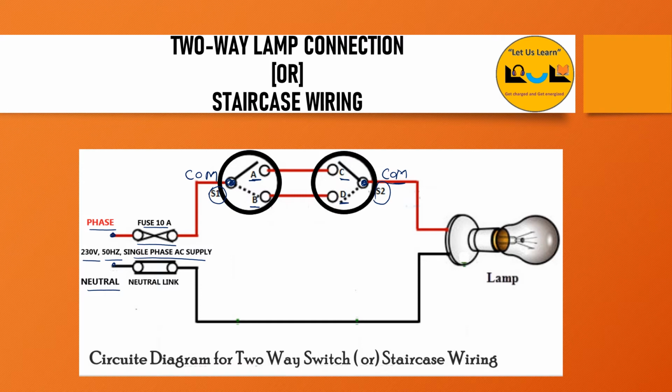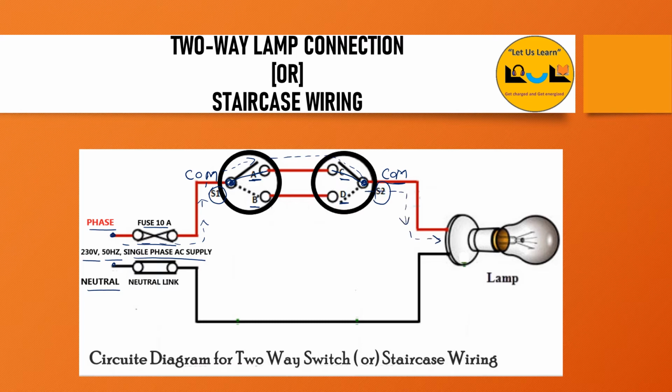Say for example, the common of S1 is connected to terminal A and the common of S2 is connected to terminal C. So the current will flow from phase, give supply to terminal A, and from terminal A it will go to terminal C and reach the common of S2. From S2 it will give the supply towards the lamp.